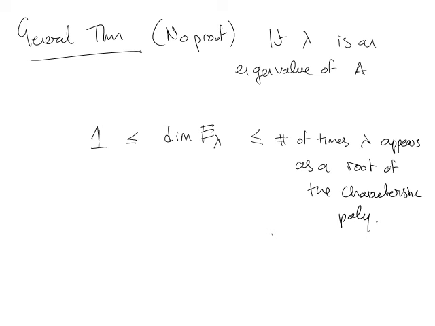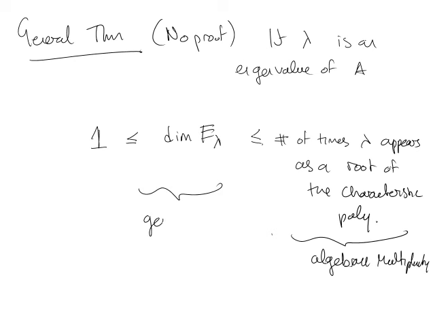Okay, so this number is called the algebraic multiplicity, and this number is called the geometric multiplicity. And in the previous example, you saw that this was indeed the case.